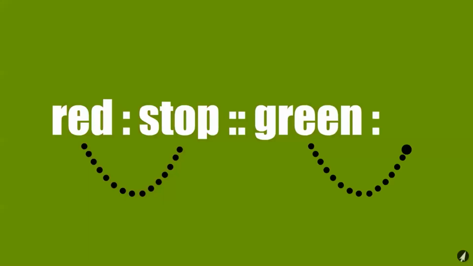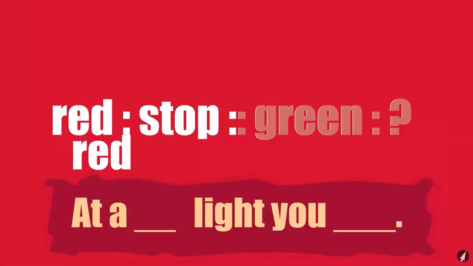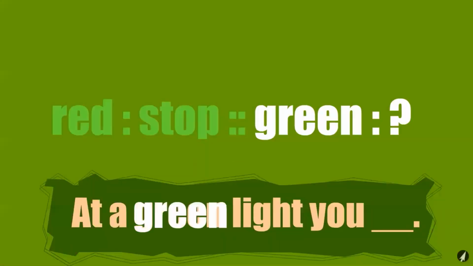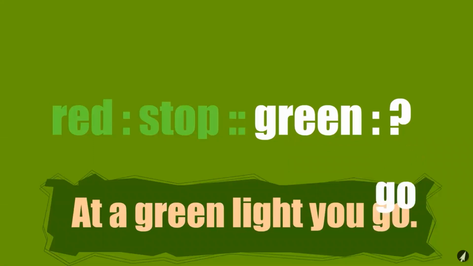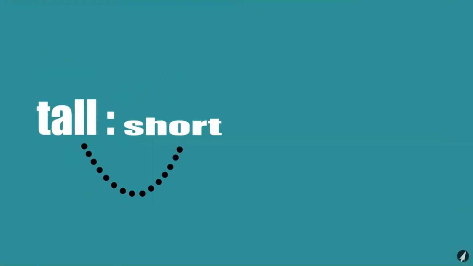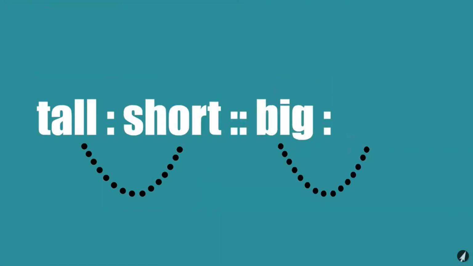Red is to stop, as green is to what? At a red light, you stop. At a green light, you go. Tall is to short as big is to what?